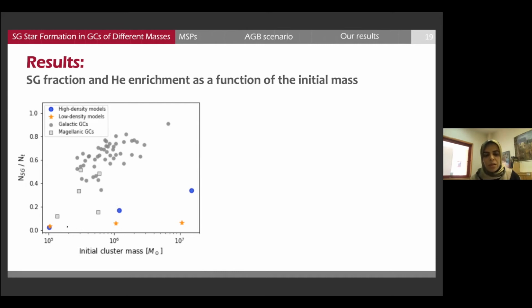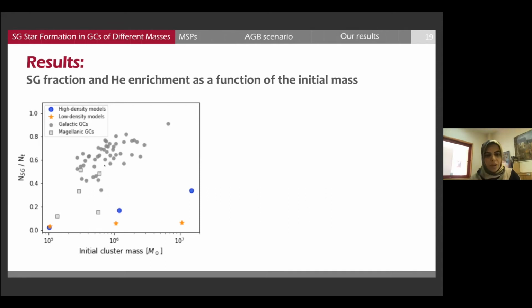So it seems that our high density simulation shows a positive trend between these two parameters, but there's a difference between observation and our high density simulation. We thought that it's because of the dynamical evolution of the clusters, because our clusters form in just 100 million years of their life, and we are comparing this result with present day fractions.